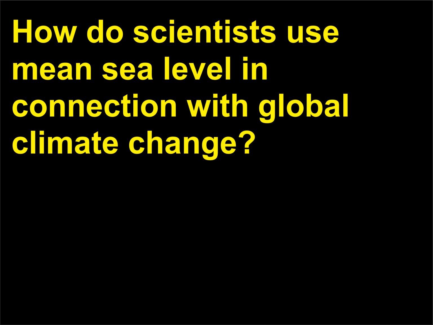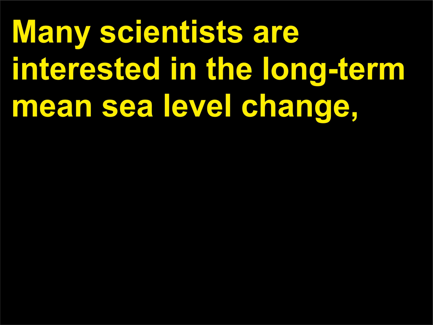How do scientists use mean sea level in connection with global climate change? Many scientists are interested in the long-term mean sea level change, especially in connection with global climate change.